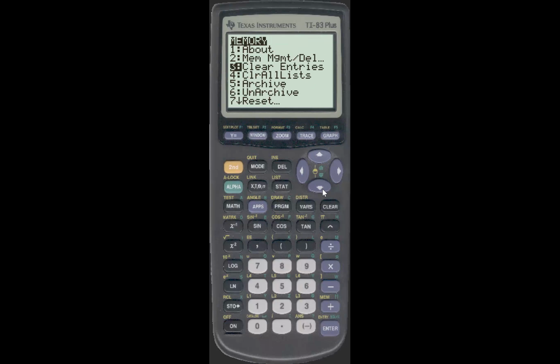Then go down to reset, number 7, and then choose all. It takes 1 second, and then you go back and restart. Let me know if your lists are still not there when you go back to it. Yeah, it's back. It's good that this happens, because now you have a path back, whereas if it happens during the exam, you'd be like, oh my God, what are you going to do? This is really bad.